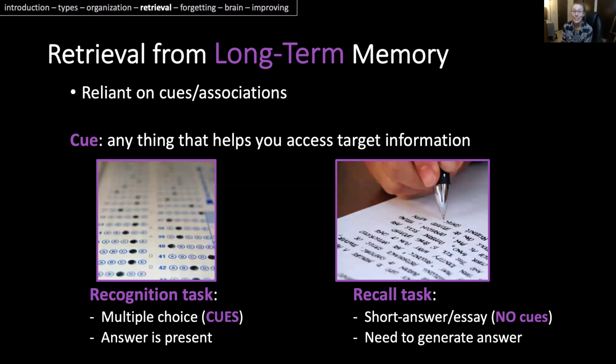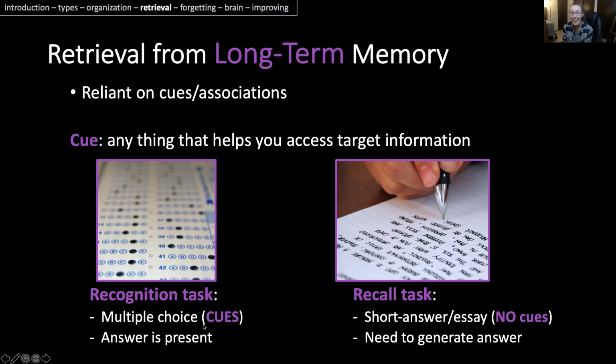Now, we see cues a lot in test design. So think about it. Do you find multiple choice exams or written exams easier? Multiple choice exams are what we call recognition tasks. You just have to recognize the right answer. Because there are choices there, you have cues present to help you out.